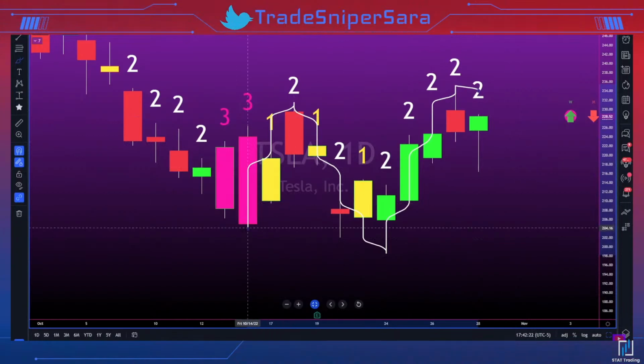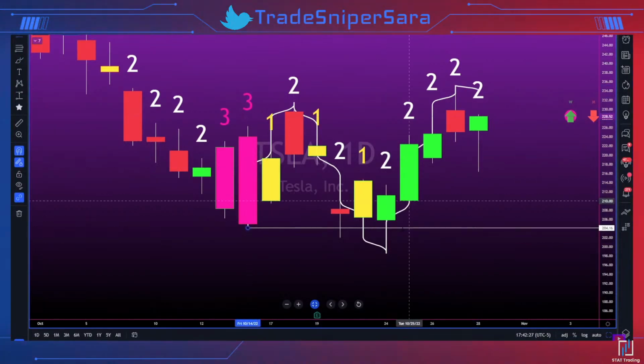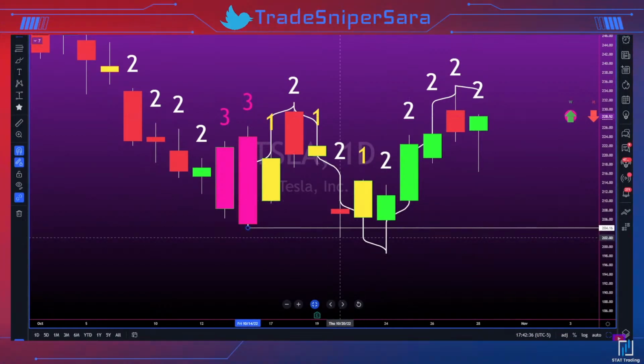So even though price broke below its previous low, that means for us, for stratters, we made a new low, so it's time to look for a reversal.